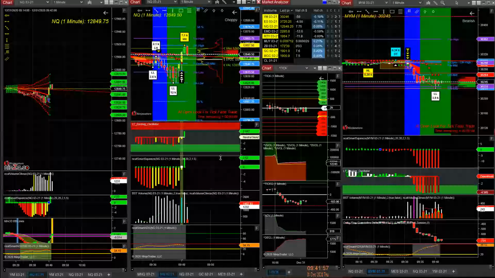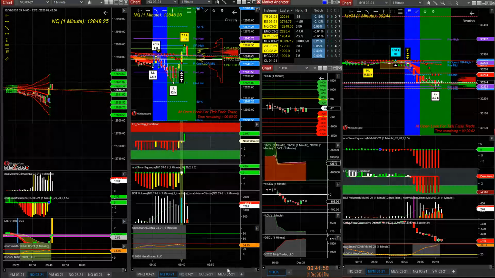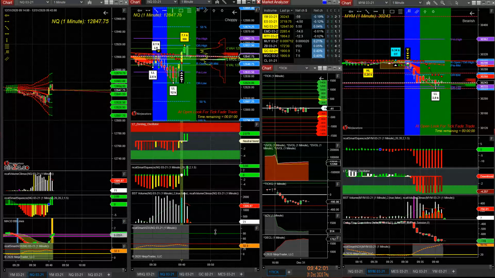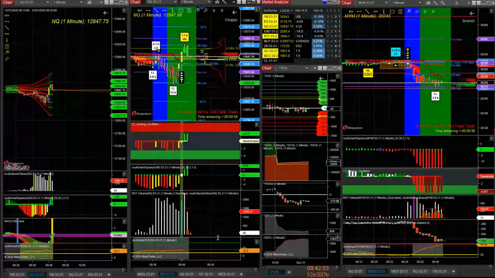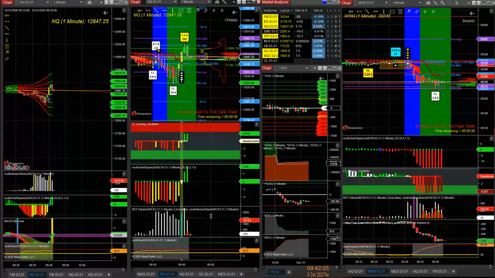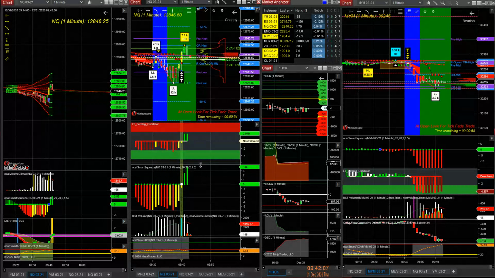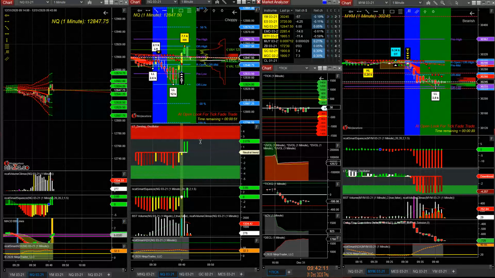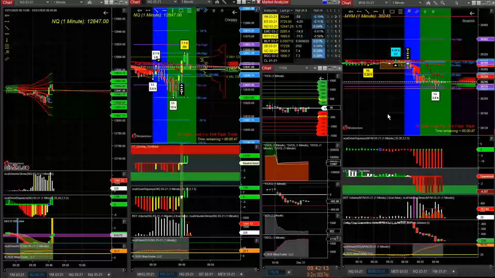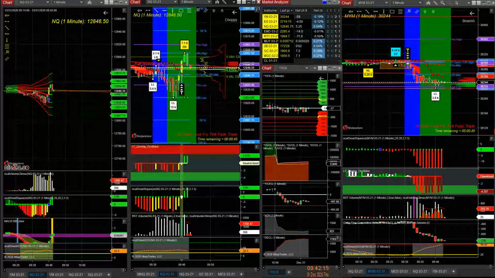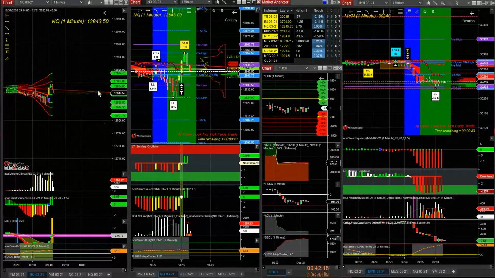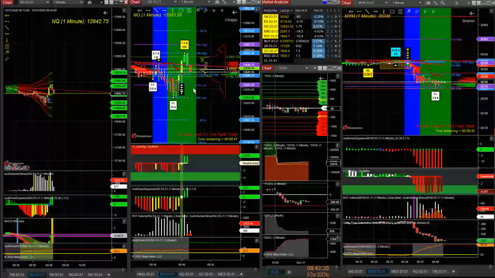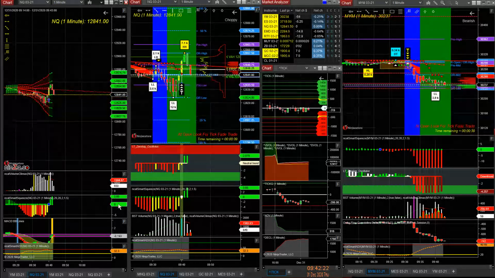Get a feel for the action before you put on the E-mini when the market is this volatile. They could just take it down from under us and we never get a chance, right? So my bias is to the downside. I'm always looking to sell.